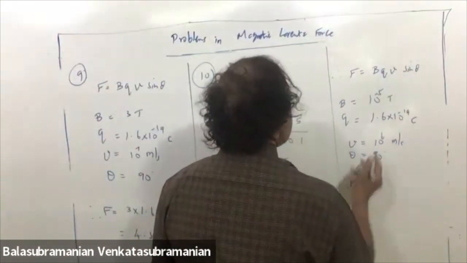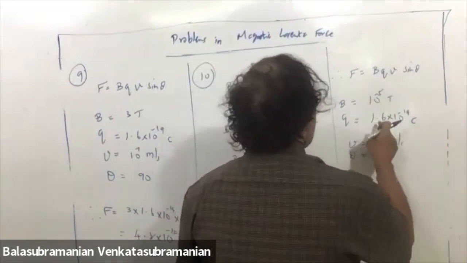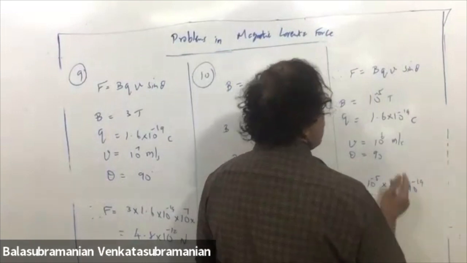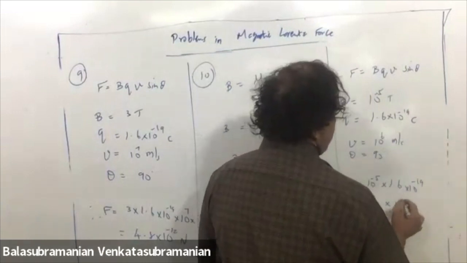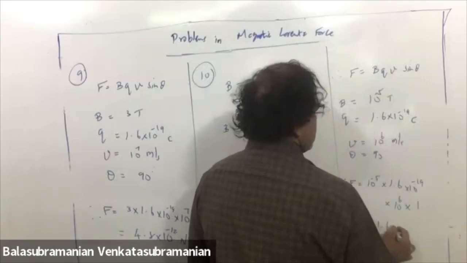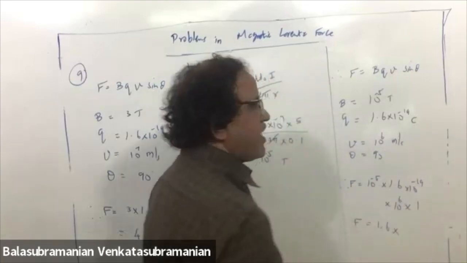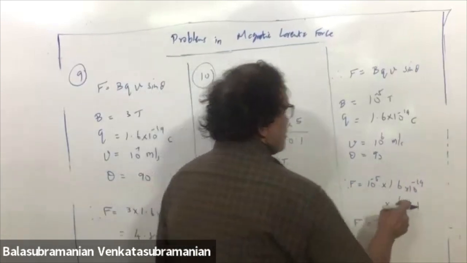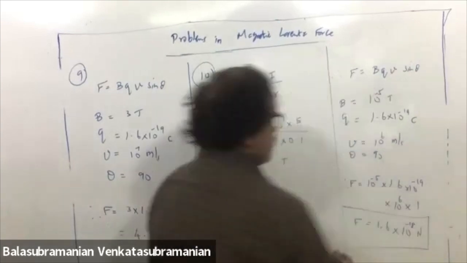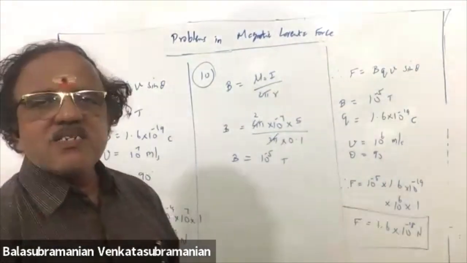Therefore F is equal to 10 power minus 5 into 1.6 into 10 power minus 19 into 10 power 6 into sin 90, which is 1.6 into 10 power minus 18 Newton.